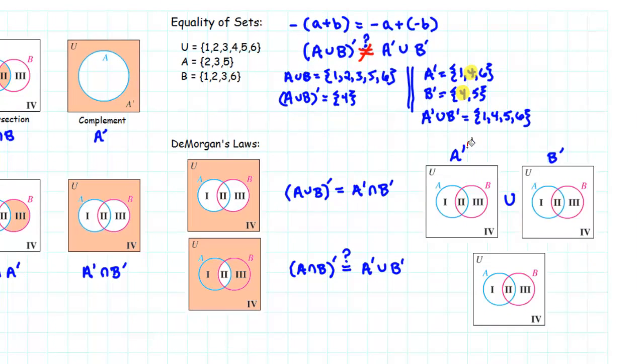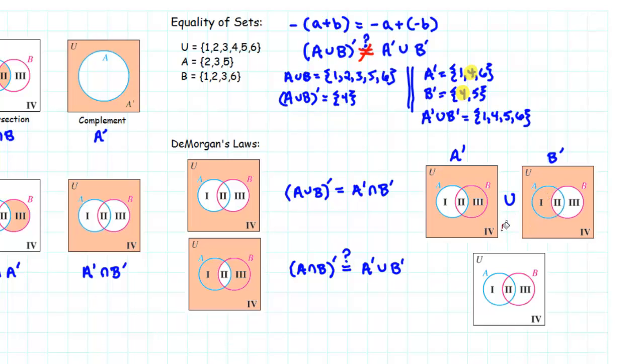Okay, first of all, what does A complement look like? Well, we need to shade in everything that's outside of A. A consists of regions 1 and 2, so A complement will consist of regions 3 and 4. What about B complement? Well, B consists of regions 2 and 3, so B complement will consist of regions 1 and 4.